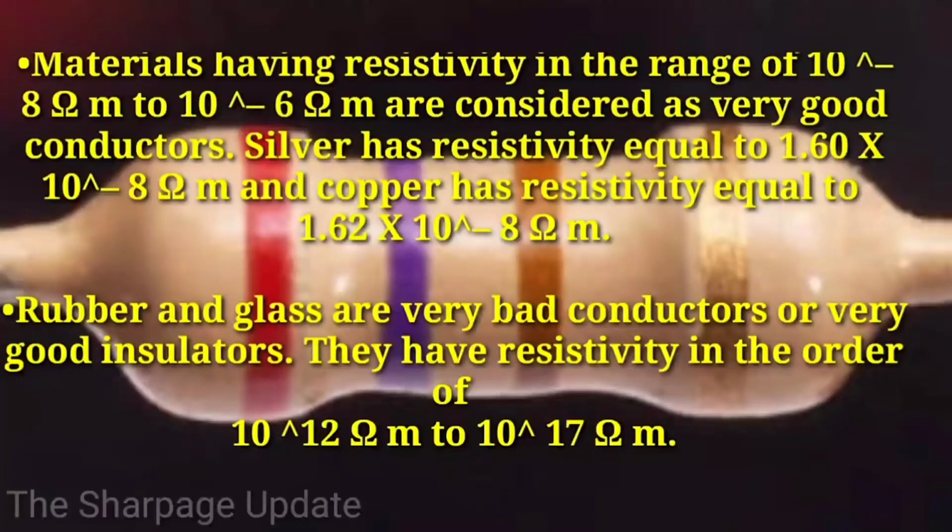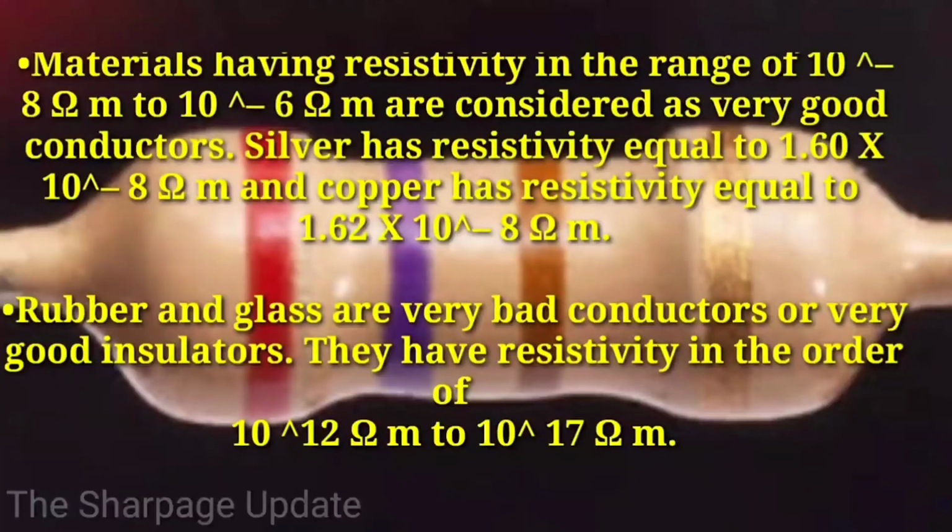Rubber and glass are very bad conductors, or we can say very good insulators. They have resistivity in the order of 10 to the power 12 ohm meter to 10 to the power 17 ohm meter.